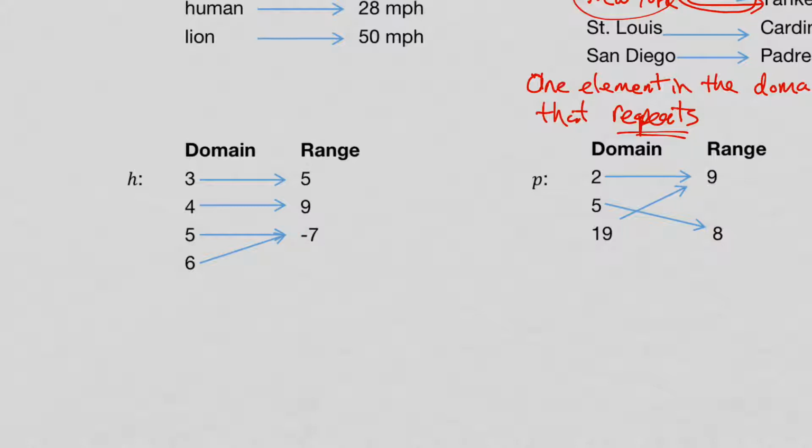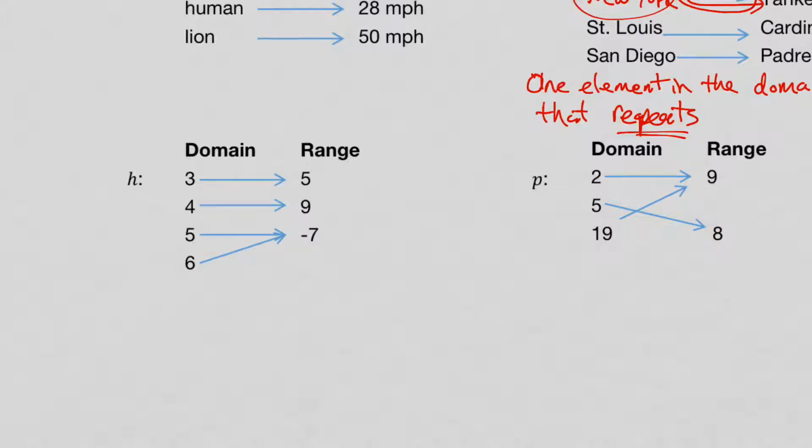Okay? So, as you can see, the domain, they're all different. So you got 3, 4, 5, 6. There's no repeating domain values here. Okay, there is negative 7 that gets repeated here in the range, but that's okay.